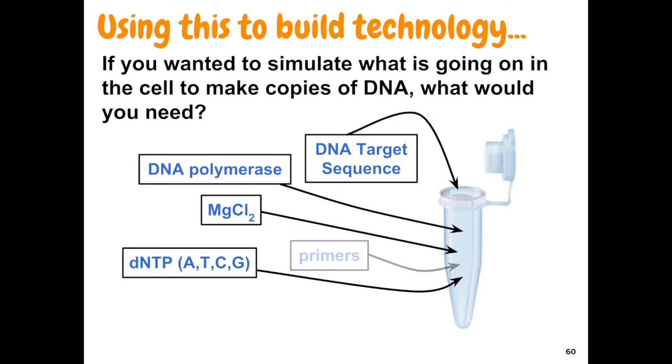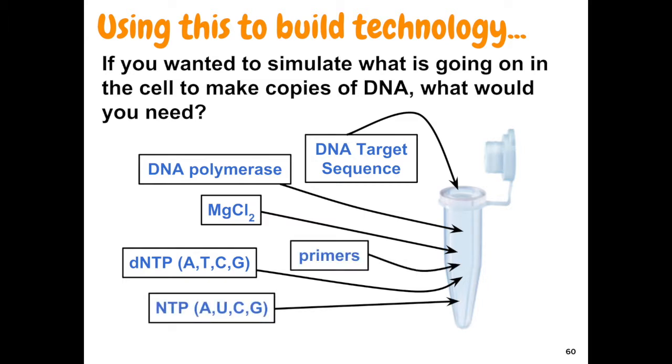What else will you need? You'll also need primers, and you will need NTPs, so adenine, uracil, cytosine, and guanine that are not deoxygenated, so they would be RNA nucleotides. And you'd also need some sort of pH buffer to maintain the pH of the solution.